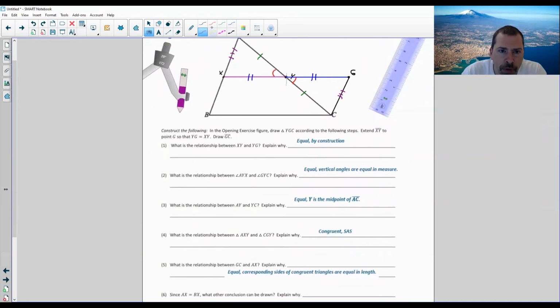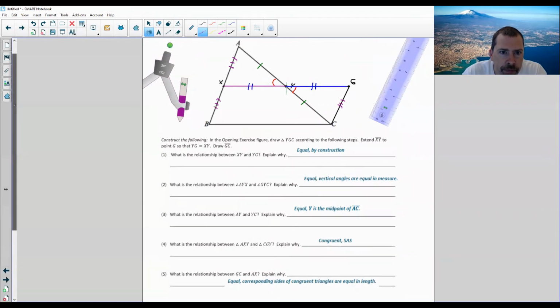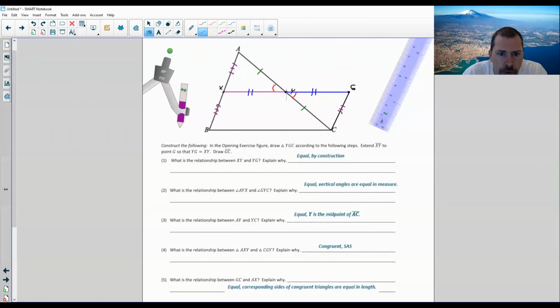So now if I label that, maybe you'll see it. AX is equal to BX. Well, I see this thing here, and that is a parallelogram. Opposite sides are congruent and parallel and all kinds of stuff going on here.